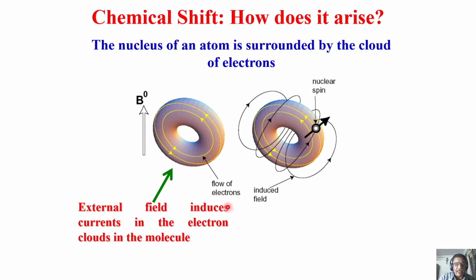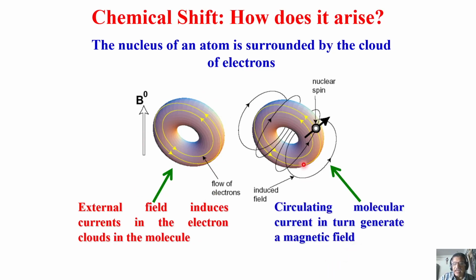The external field induces currents in the electron clouds of the molecule. See, electrons start flowing like this. Subsequently, the circulating molecular current in turn generates a magnetic field.